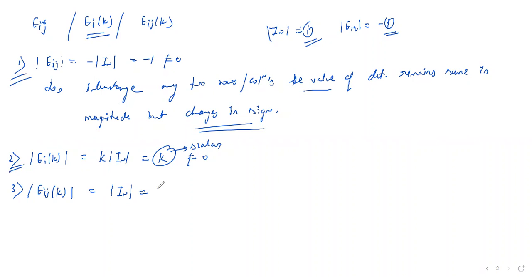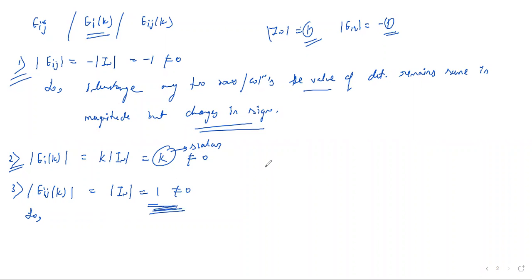The determinant of identity is 1, which is not equal to 0. And from this third one, we got an important result: the value of the determinant remains unchanged if to the elements of any row we add scalar multiples of the corresponding elements of any other row. So here the determinant's value is unchanged.